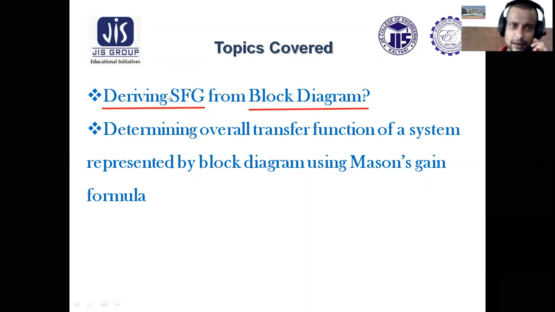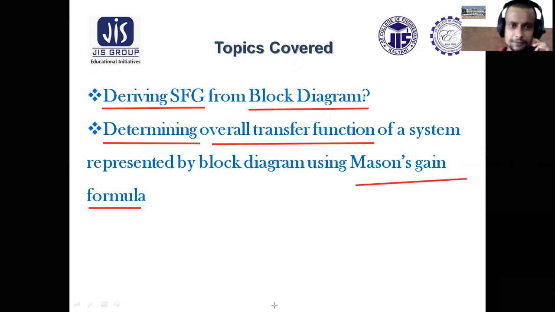Next, once the SFG is obtained, like last class, we'll use Mason's gain formula to determine the overall transfer function for a particular system. So these two topics we are going to cover today. First one is conversion from block diagram to SFG. Second one is, once the SFG is obtained, we'll apply Mason's gain formula to get the overall transmittance or transfer function. Let us move to the next slide.